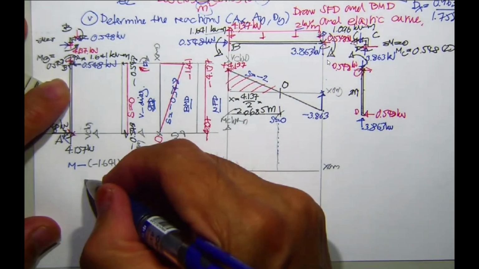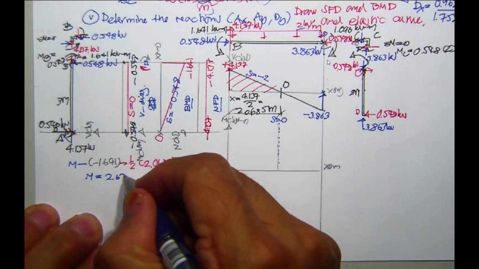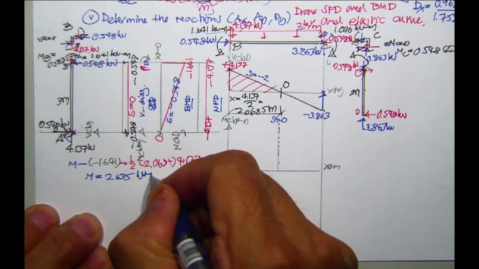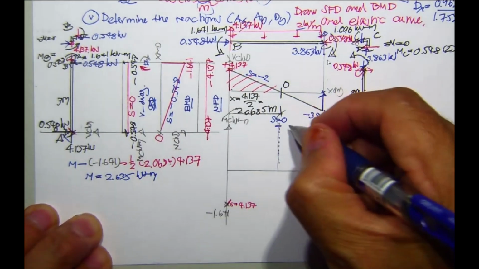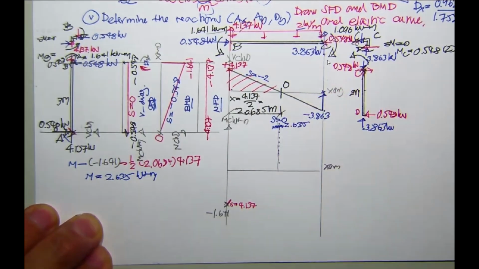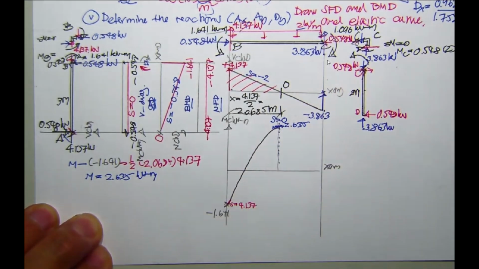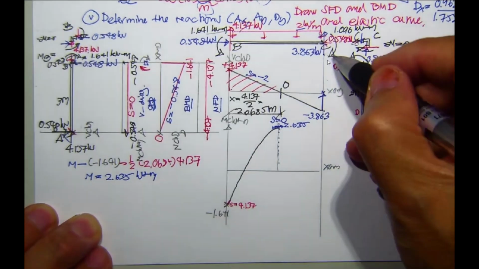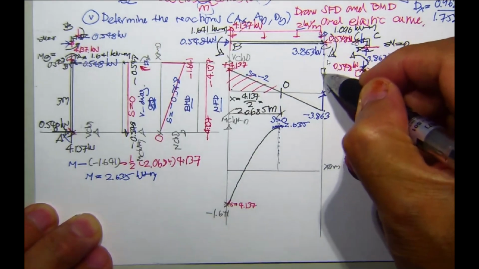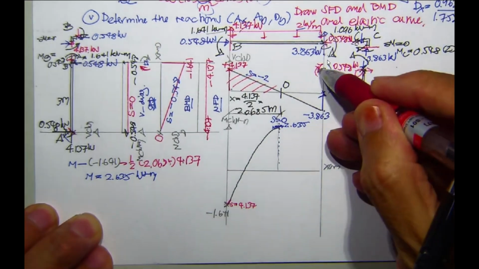You will have the moment over here 2.635, okay, 2.635 kilonewton meter. That's the value over here, 2.635, and highlight it. And then the curve would be like this. And then this one is going to be negative based on our sign convention.